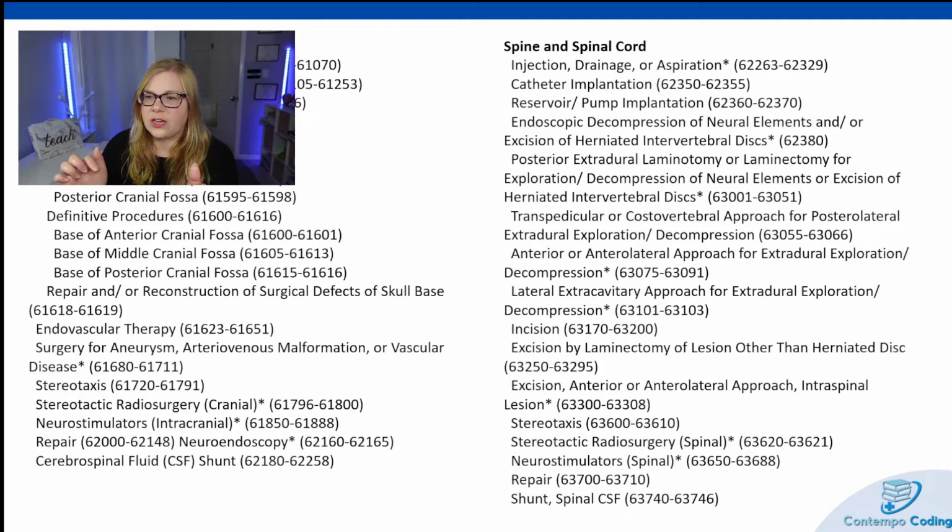Then we have excision anterior or anterior-lateral approach, intraspinal lesion, stereotaxis, stereotactic radiosurgery, neurostimulators, so spinal neurostimulators, repair, shunts, and then spinal cerebrospinal fluid.